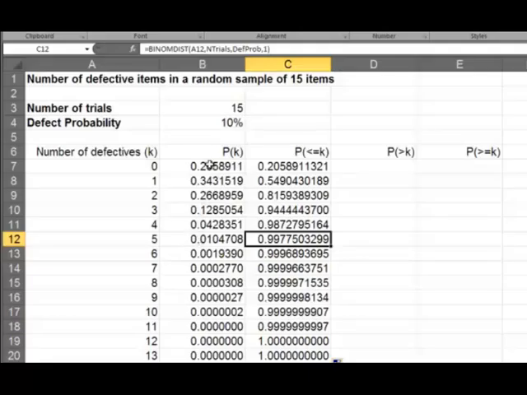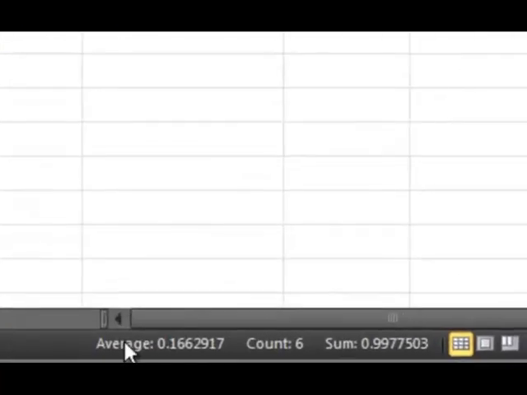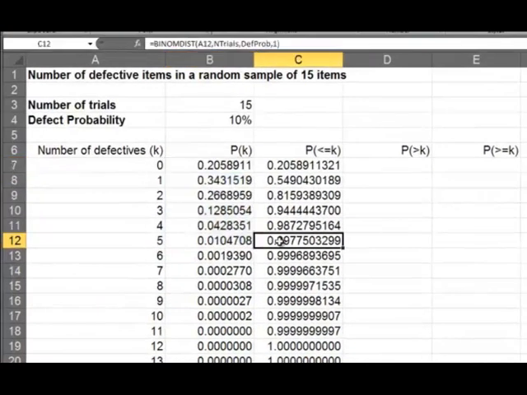And if we were to sum these first values, I'm going to look down at my summary bar at the bottom of my Excel window, and I see that the sum of these 6 probabilities from 0 to 5 is exactly 0.9977503. So certainly it's giving us the cumulative probability, which is what we like.